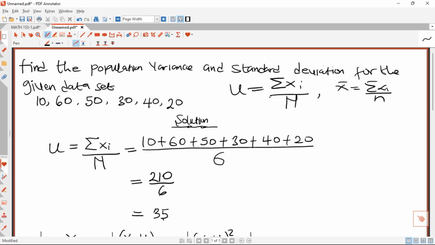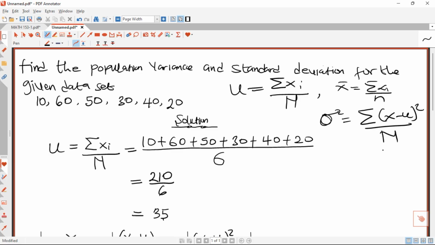This is how the mean is calculated for the population and the sample. The formula for the population variance is sigma squared, which is equal to the summation of x minus mu all squared, divided by capital N.